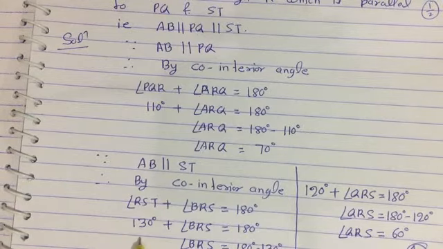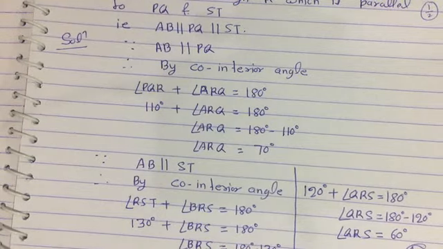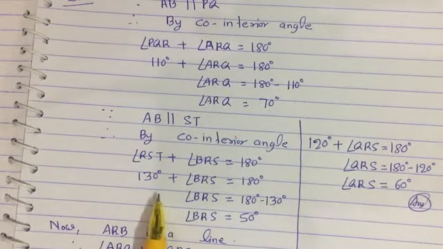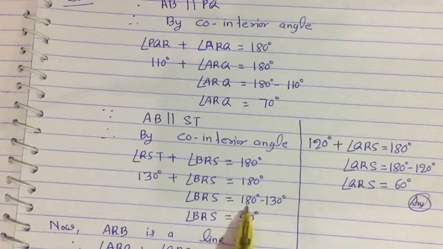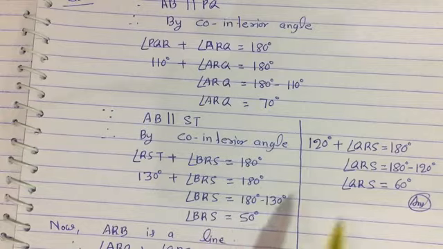In the place of angle RST write 130 degrees plus angle BRS is equal to 180 degrees. Now transfer this 180 degrees to this side. Angle BRS is equal to 180 minus 130 degrees, which is 50 degrees. I think it is clear.